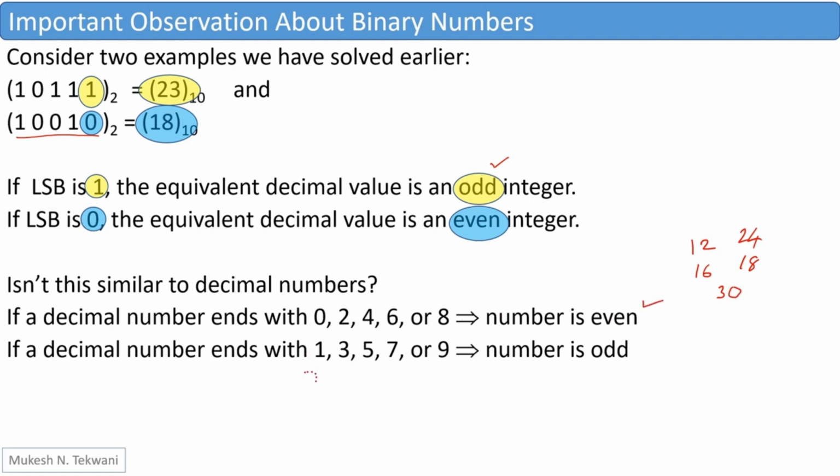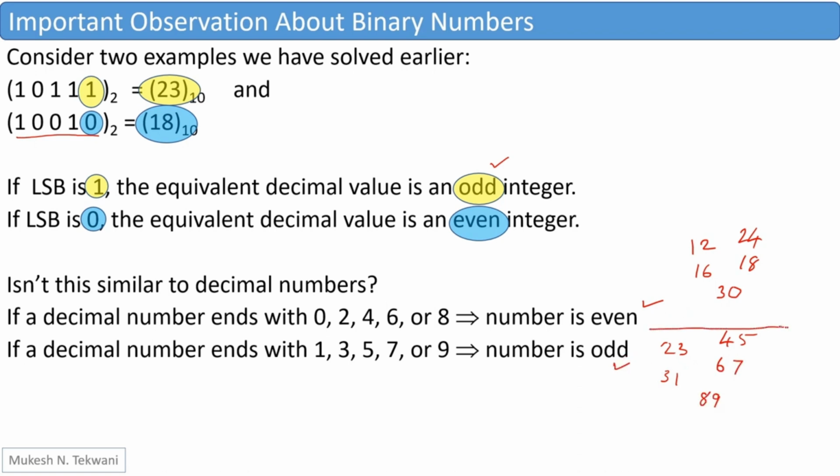And if a number ends with 1, 3, 5, 7 or 9, we say it's an odd number. So we'll have numbers like say 23 or 31, 45, 67 or 89. All such numbers we say are odd numbers.